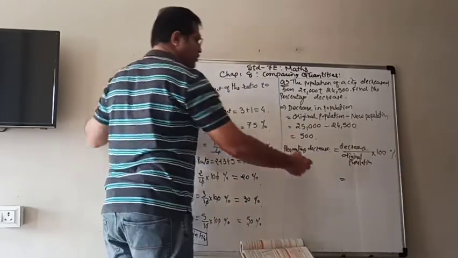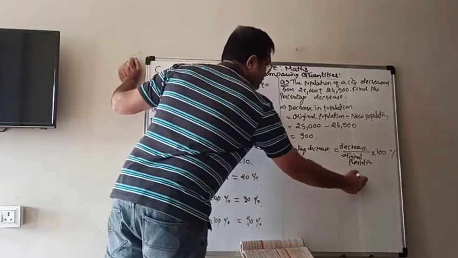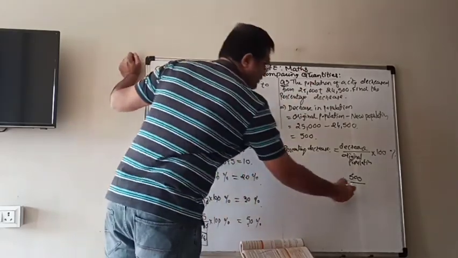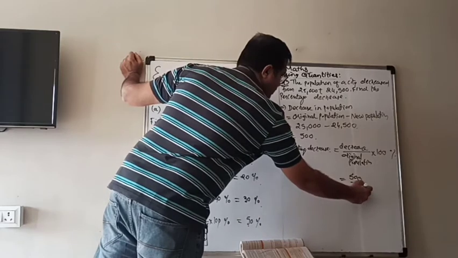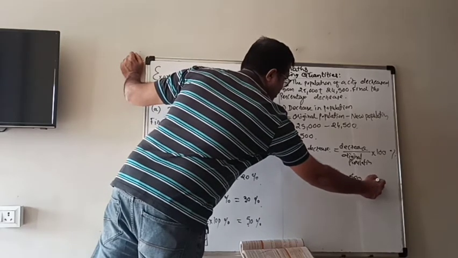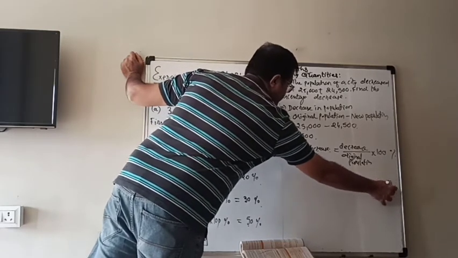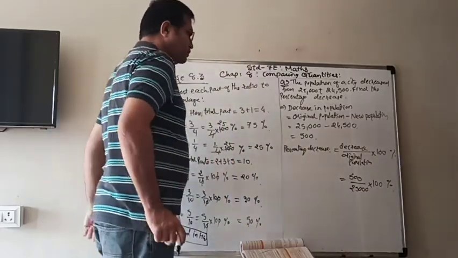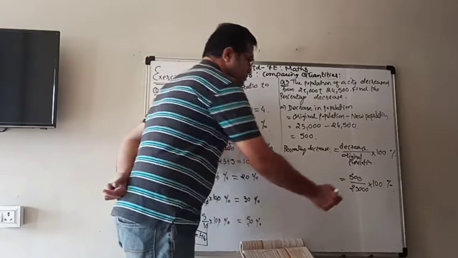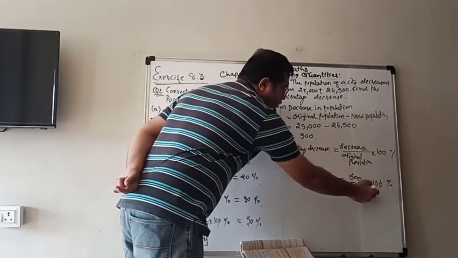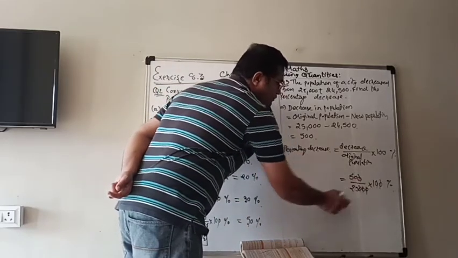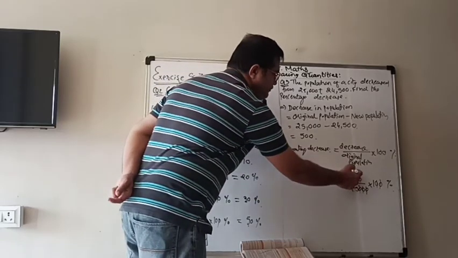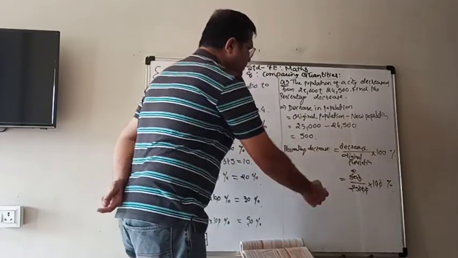So decrease is 500. What was the original population? 25,000. So 500 upon 25,000 multiplied by 100%. Now the cancellations: 1, 2, 1, 2 and 1. 25 2s are 50. So only 2%.